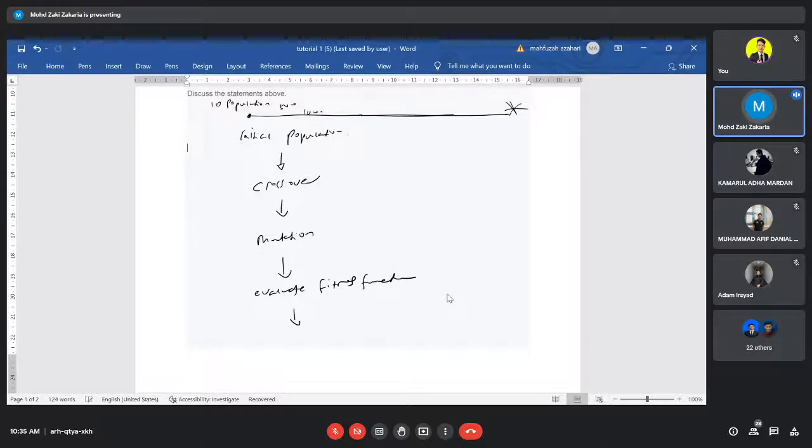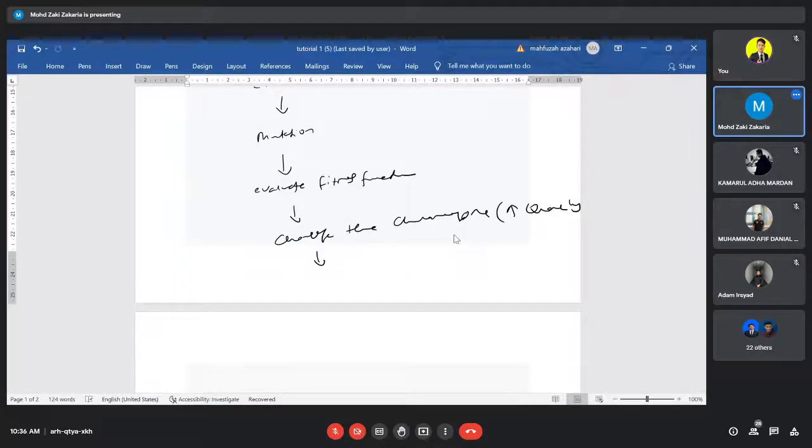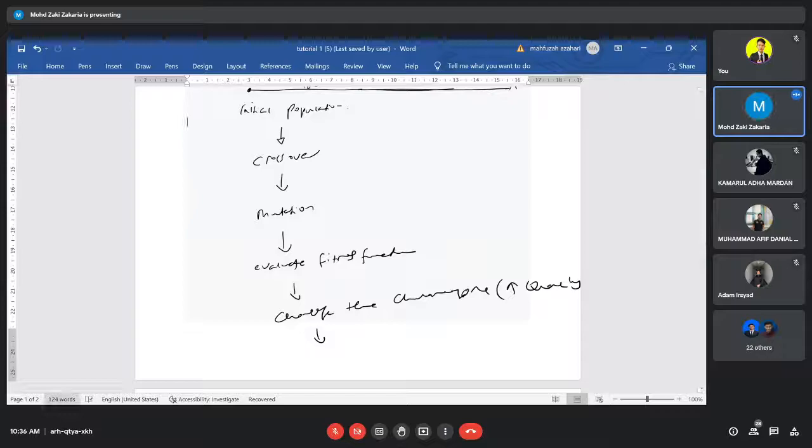And then after we evaluate the fitness function, we choose the chromosome with the best quality. After we choose the chromosome, we follow the same process here.